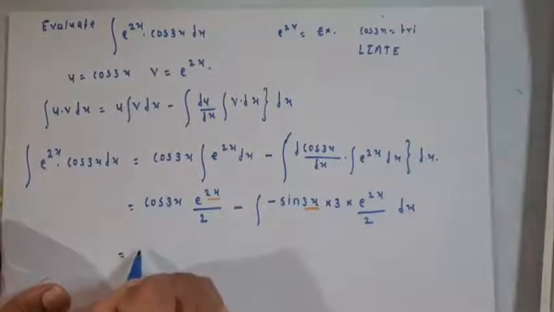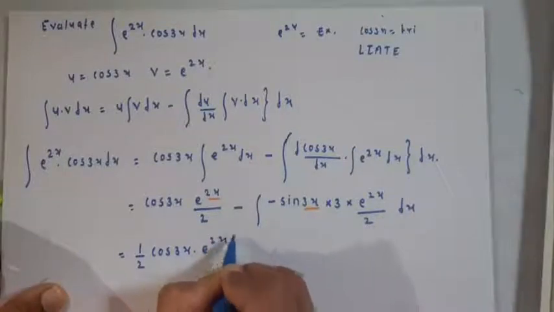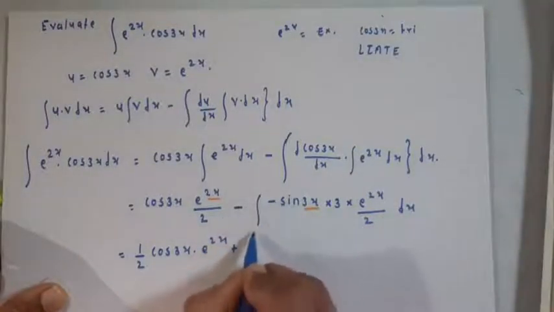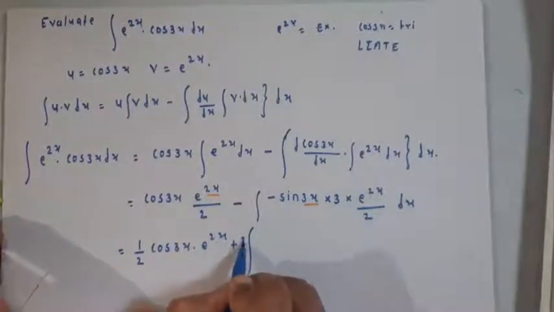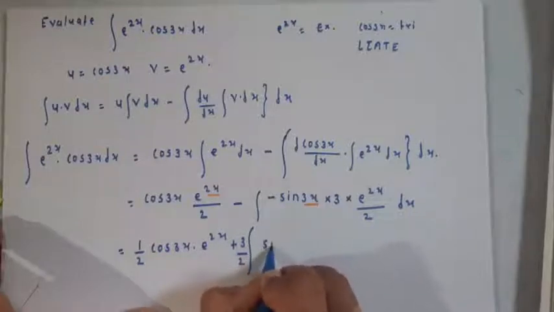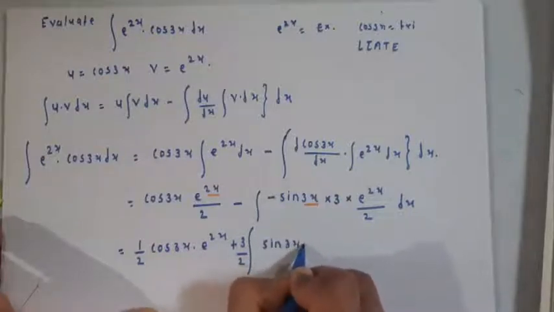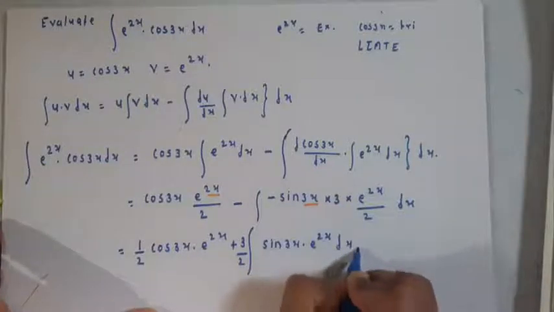Now 1 by 2 cos of 3x into e raised to 2x, minus minus becomes plus, the constant 3 by 2 we will take outside, and then the integration of sine of 3x into e raised to 2x with respect to x.